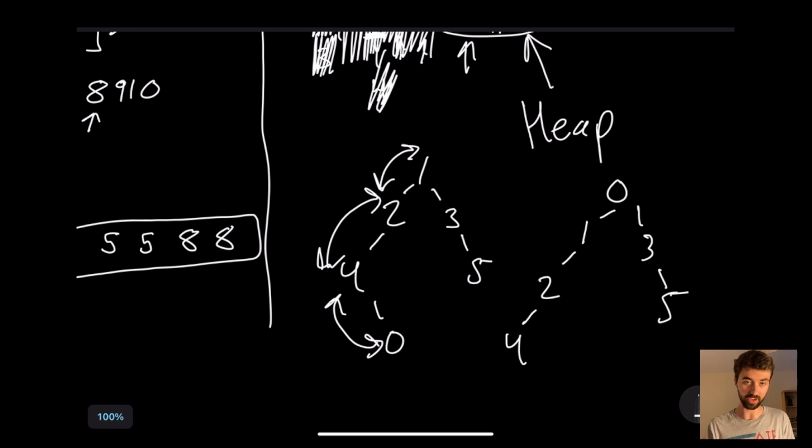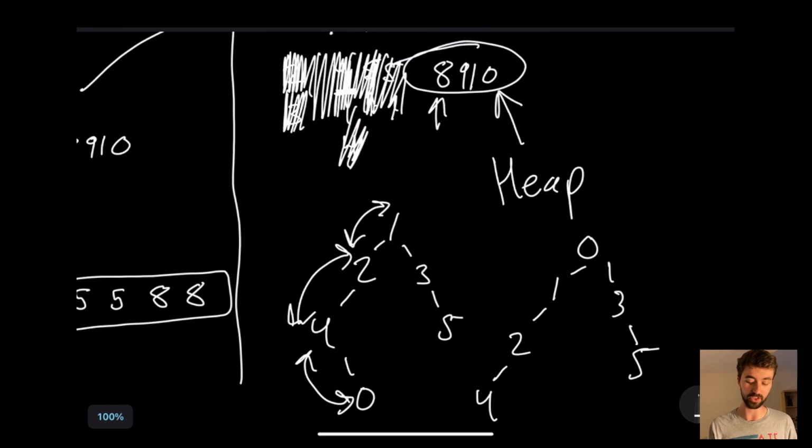And again, leave a comment if you want to see a video about how the heap data structure works, but basically just know it's an efficient way to keep track of the smallest or largest, but in this case, the smallest value in a set of numbers, even as you add and subtract things from that stream or from that set of numbers.